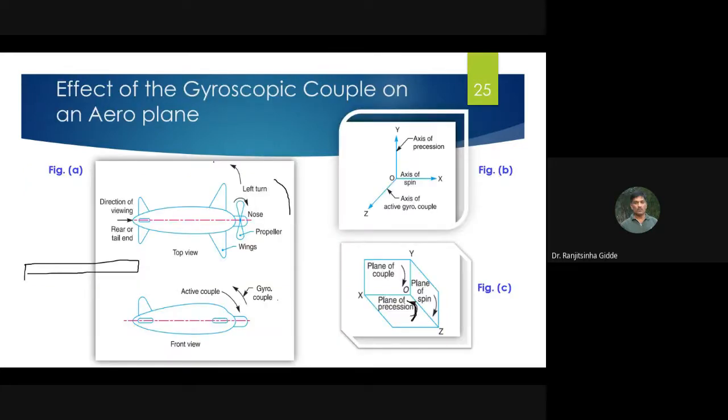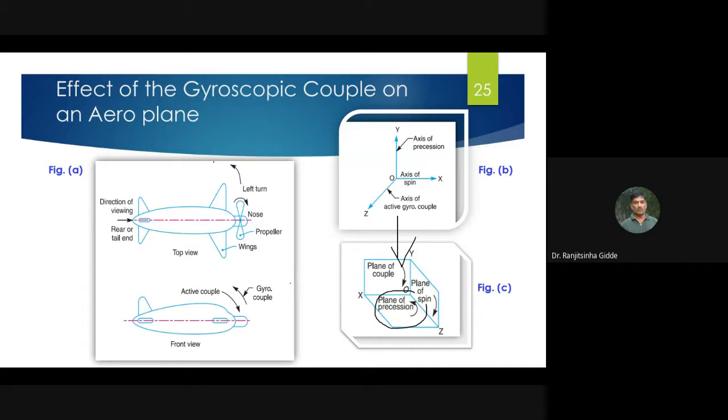Okay, right? Now this plane, whether it is steering to left direction or steering to right direction, that we need to observe in this plane, and that too from the top side.